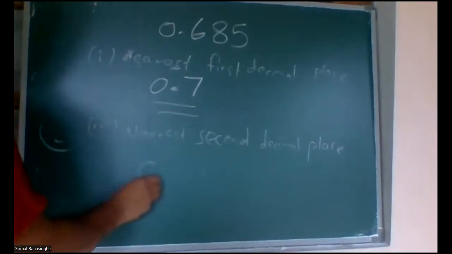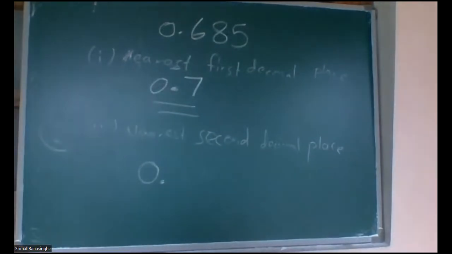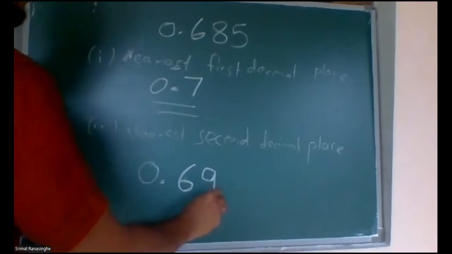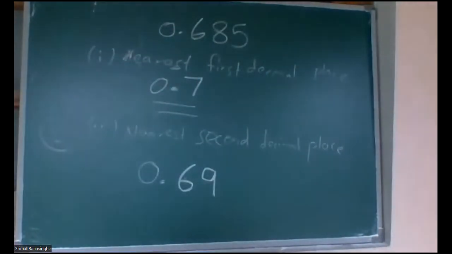Nearest second decimal place? 0.69. 0.69, that's fine, right? Okay, then.